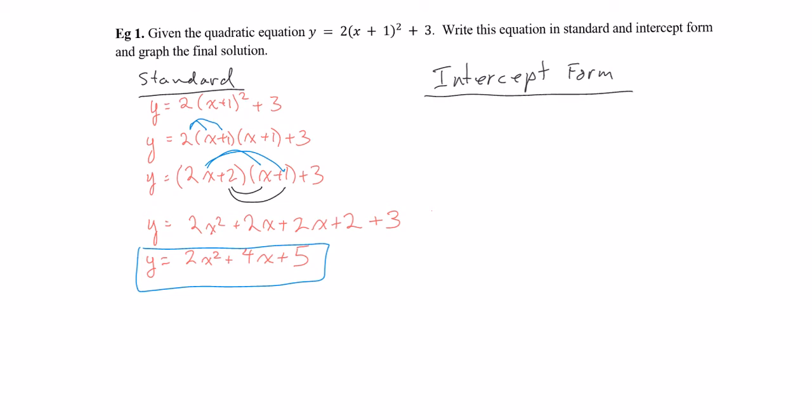So now we're going to try to factor this equation, y is equal to 2x squared plus 4x plus 5. So I need two numbers that multiply to 10 but add to 4.